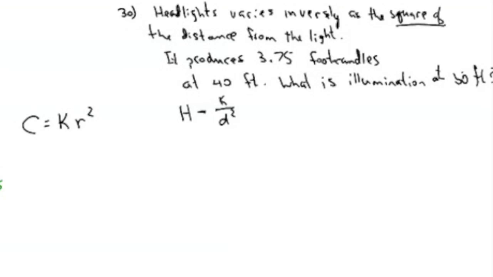That would be part one. So what do I use for part one? The 3.75 for the illumination of the headlights is equal to k, I don't know what that is, over d, 40. So I write 40 squared. Don't forget the square. Now 40 squared is 1600.